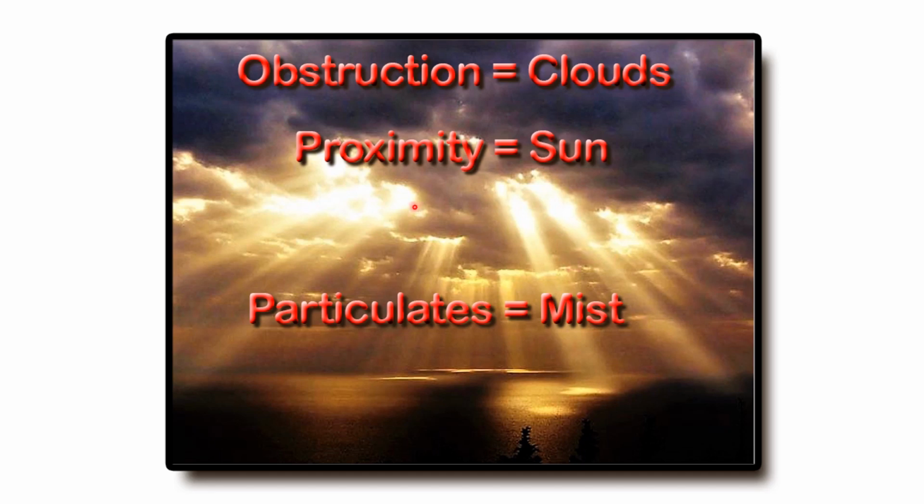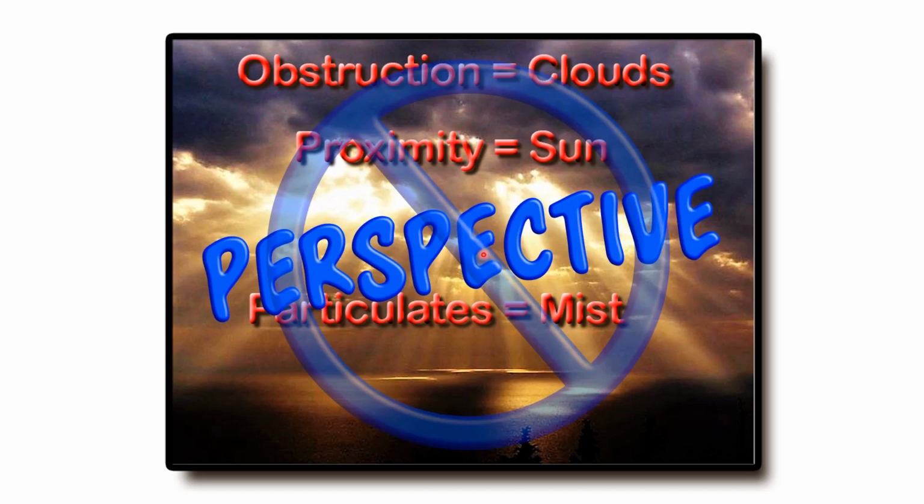All right. So what are we talking about here? Perspective has nothing to do with crepuscular rays. It's all about obstruction, proximity, meaning the light source has to be very, very close. We're going to examine that in a minute. Very close to the obstruction, and the particulates. Proximity is the key. Perspective has nothing to do with crepuscular rays.